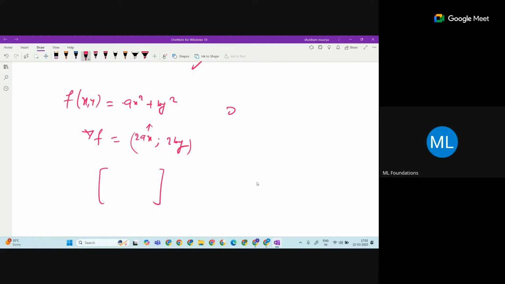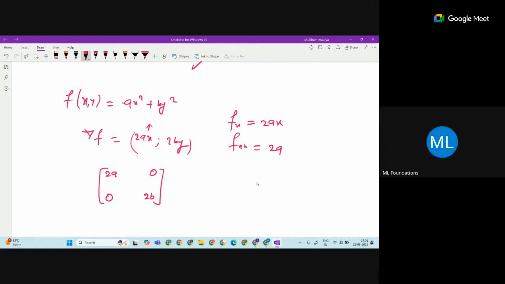If you differentiate with respect to x, fx is going to be 2ax, f double x is going to be just 2a. So this is 2a and 0, and then 0 and finally 2b.